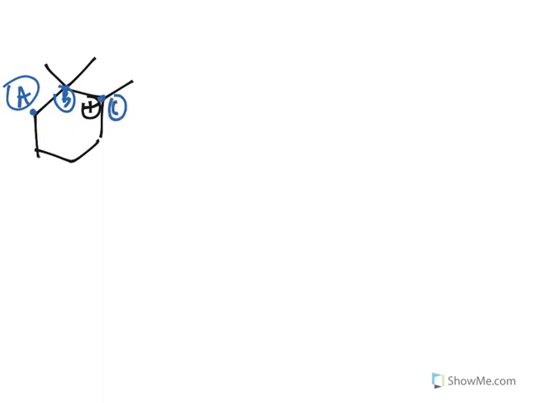Okay, and I'm going to show you all what happens. So the electrons from the bond between carbon A and carbon B are going to attack carbon C. So these electrons here are going to attack that carbon there.